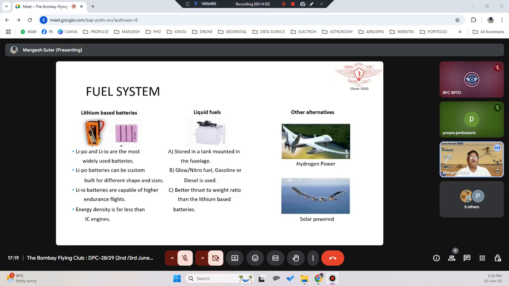Apart from lithium batteries and liquid fuel, there are alternate options being tried and tested right now, like hydrogen powered fixed wing aircraft or even solar powered aircraft. But they are still in prototype and testing phases, not in production. A lot of tests have been happening, especially on solar powered fixed wing aircraft.